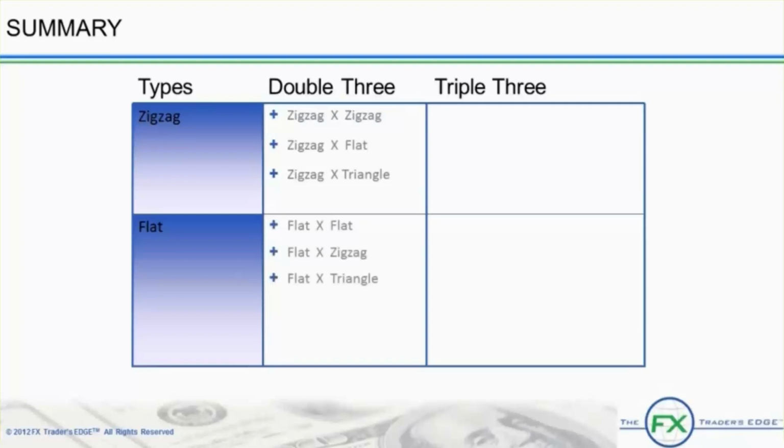Possible zigzag triple three combinations are zigzag, zigzag, zigzag, zigzag, flat, flat, zigzag, flat, triangle.